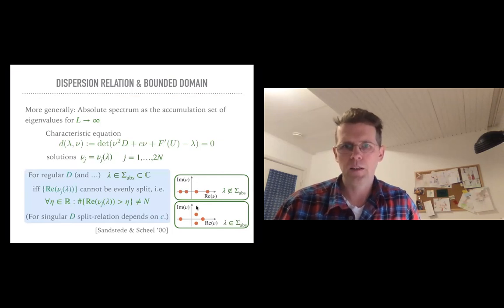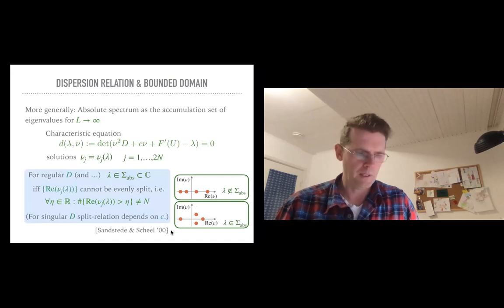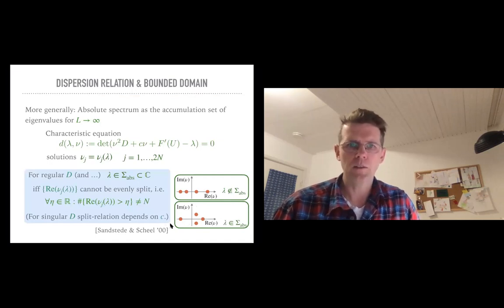If I put it on the other side or on top in this definition, it's going to be 1. So nowhere can I split it. The splitting is obstructed, and that indicates that this lambda is in the absolute spectrum. And that goes back to results by Sandstede and Scheel in 2000 for these operator examples.